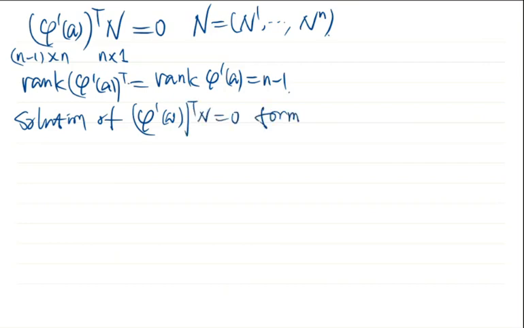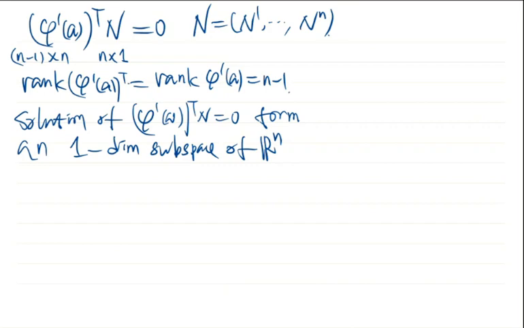the solution of the equation forms a one-dimensional subspace of R^n. We have n unknown variables and the matrix has rank n-1. If the matrix has rank r, the solutions form an (n-r)-dimensional linear subspace, a vector subspace of the solution space.